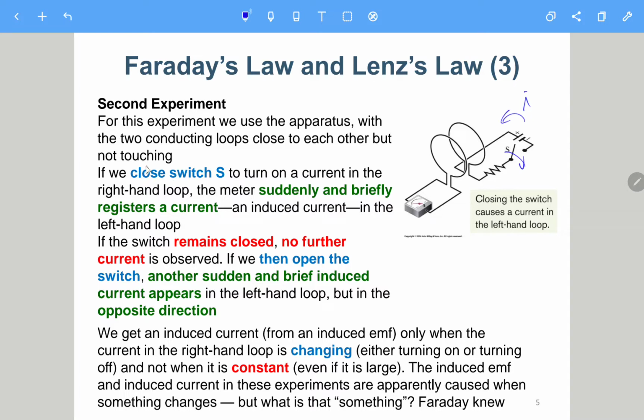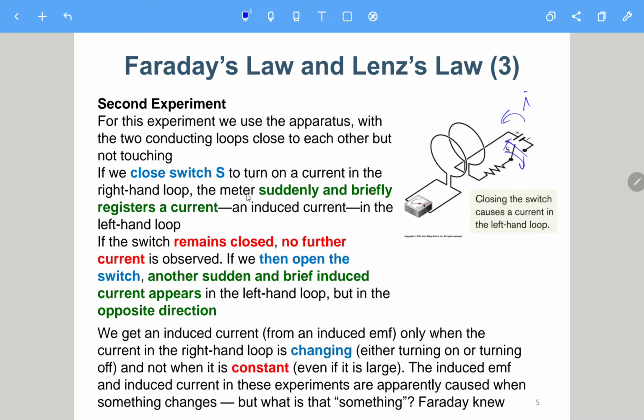So actually, you should be familiar with this language. Close means try to switch it on, to make it short. And to open it means to open it. This is open, so that there will be no current going through.